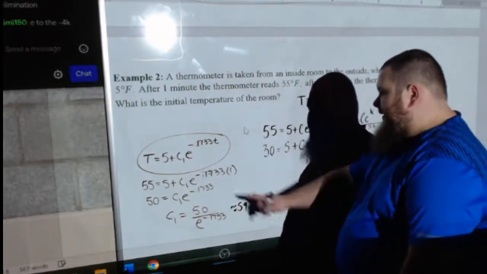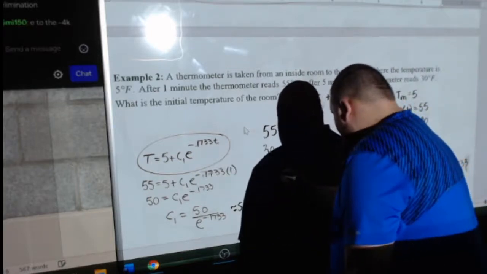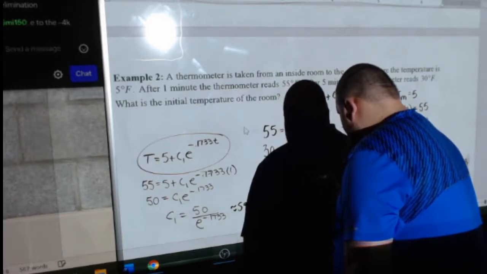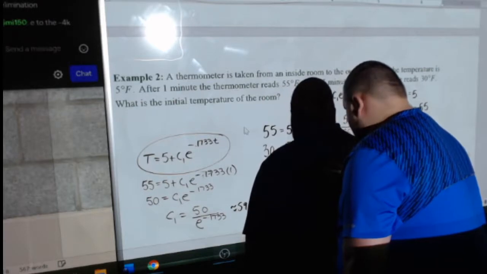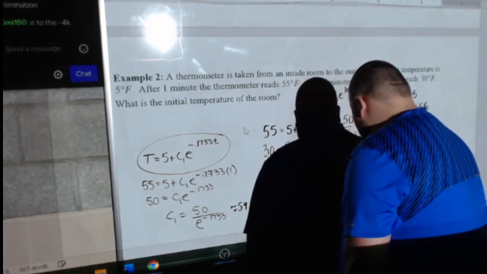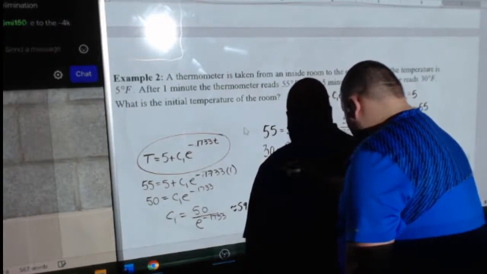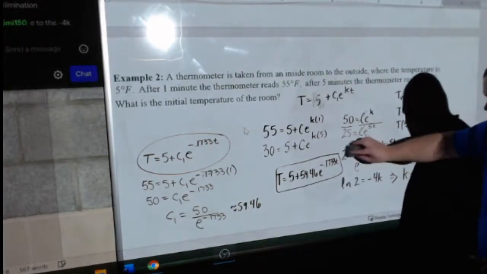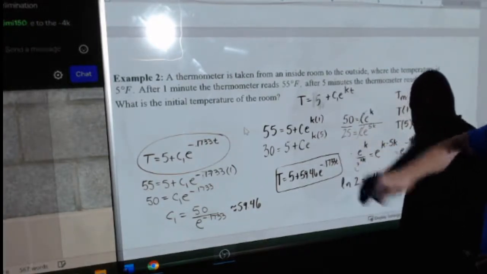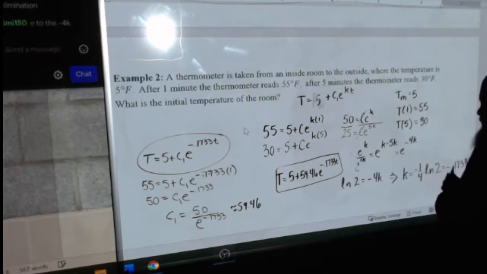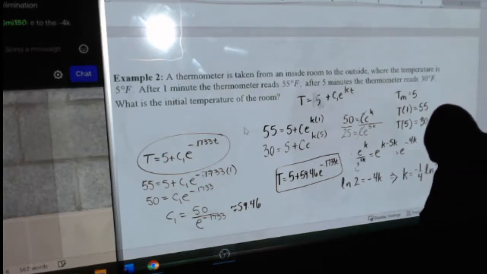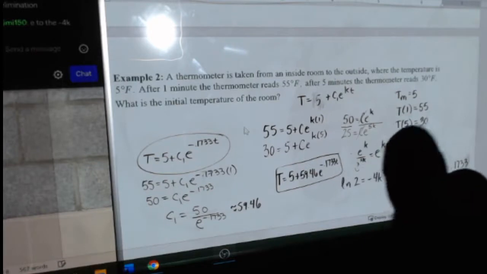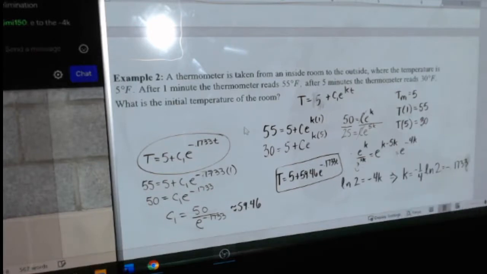So if I take that and plug it back in here, my final equation looks like that. Any questions about that guy?